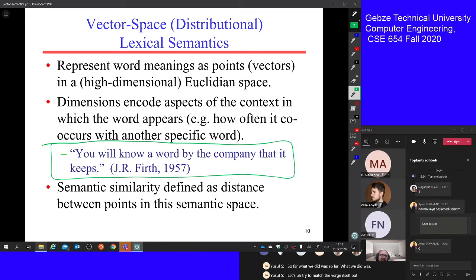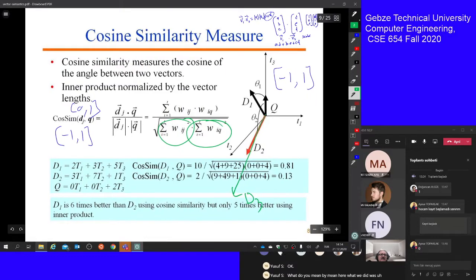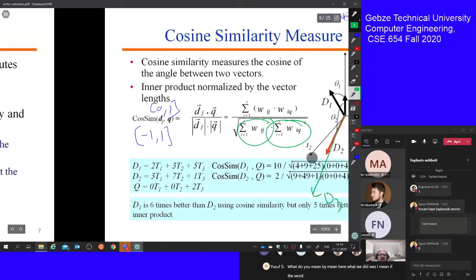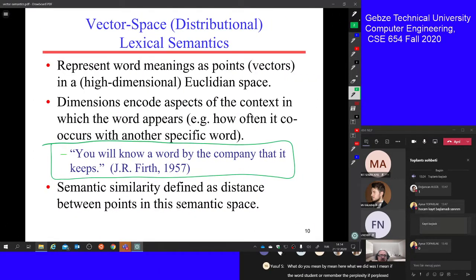But this says that a word should be representable by its context. Here, if the word perplexity happens in only 1 out of 5,000 documents, then it's an important word and I should match it. That's what I was saying, right?